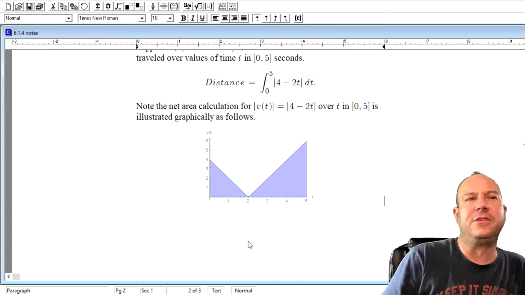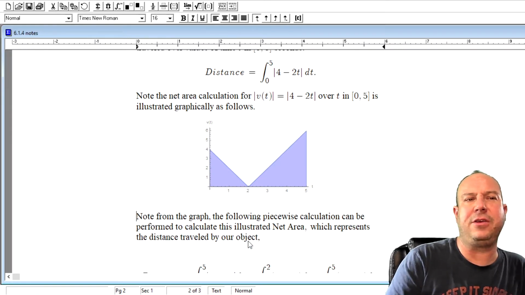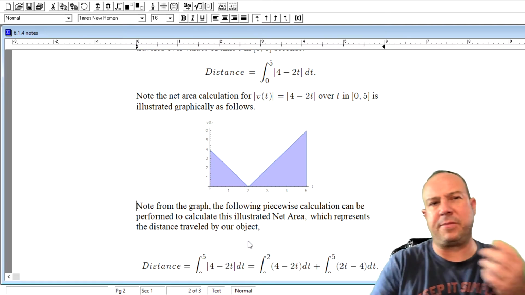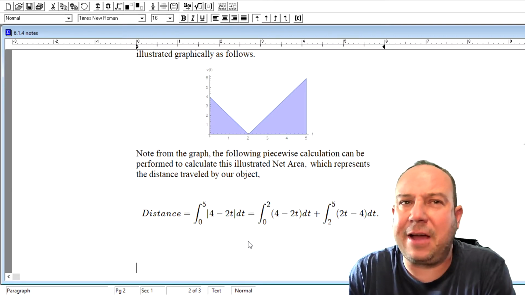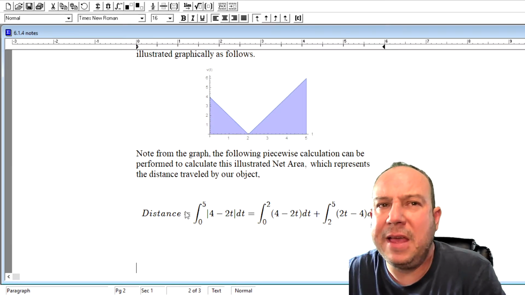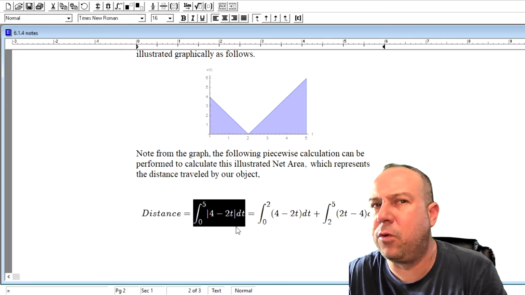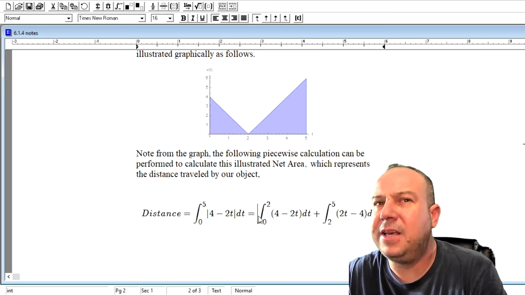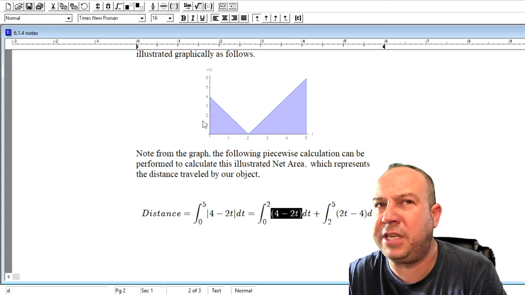All right? So when we go to approach this calculation for absolute value, note from the graph the following piecewise calculation can be performed to calculate this illustrated net area. All right? The definite integral from 0 to 5 for the absolute value of 4 minus 2t is equivalent to the area, or the net area, seen between 0 and 2 for 4 minus 2t.